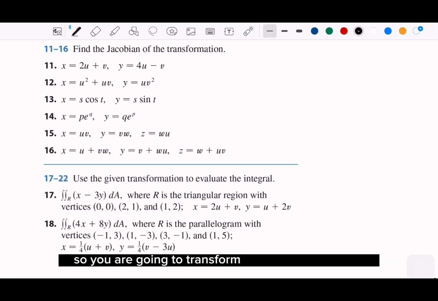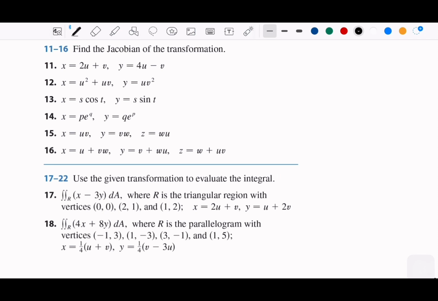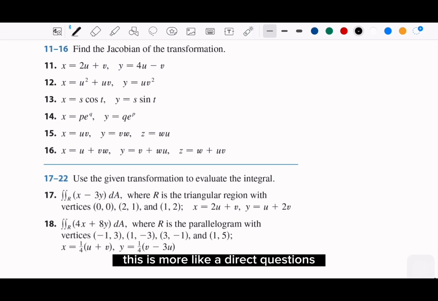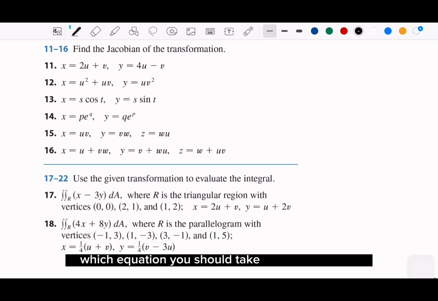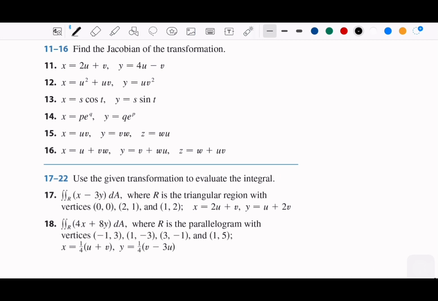So you are going to transform using this x, y equation. And the same thing with number 18. You have this transformation. So you are going to change this part into this equation. So this is more like direct questions and giving you the instructions which equation you should take for the Jacobian.